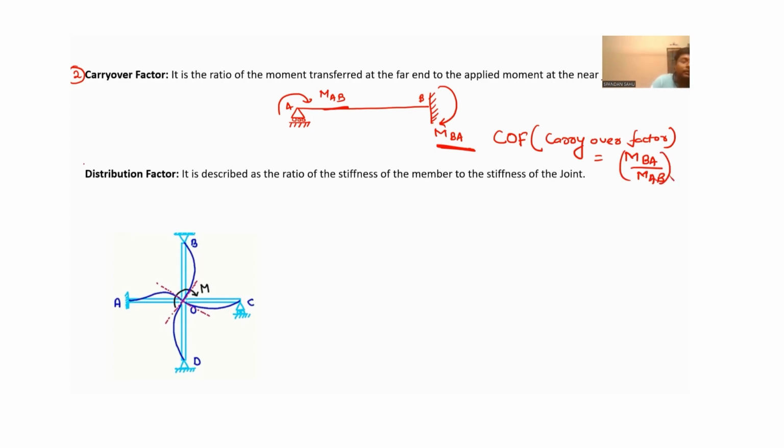The third, the most important thing which we'll use throughout the MDM, is the distribution factor. So how is it defined? It is defined as the ratio of stiffness of the member to the stiffness of the joint where you are calculating the distribution factor. Now see, come to this figure.